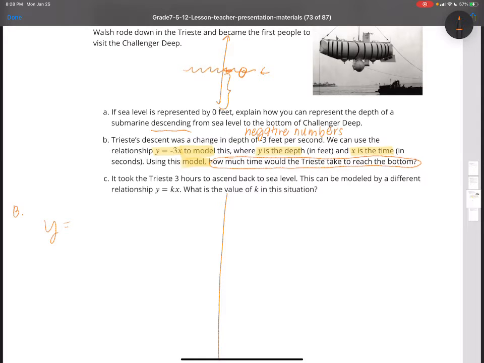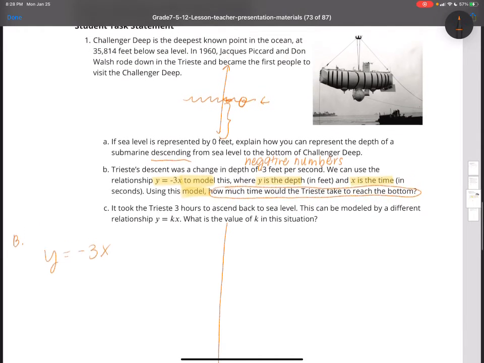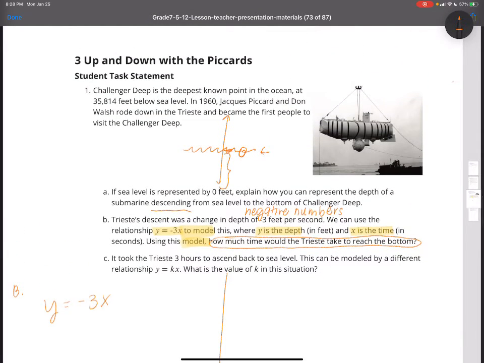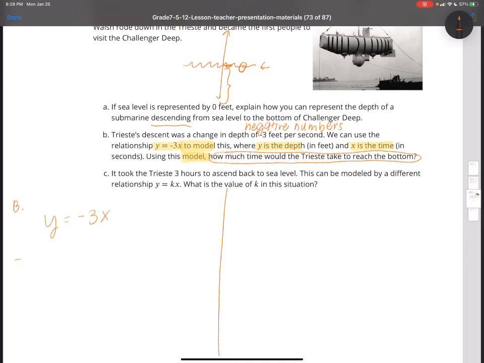They did give us a depth, 35,814 feet below sea level, which would be -35,814 feet. That is equal to y. We don't know what x is, so that's a question mark, but we do know the rate, which is -3. If I plug this into my equation, I would have -35,814 feet equals -3x.